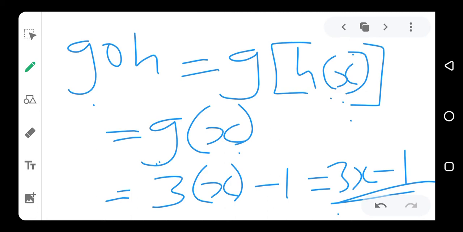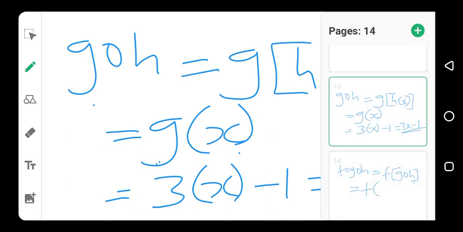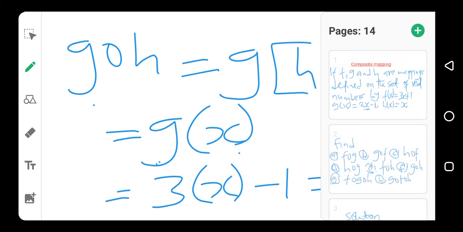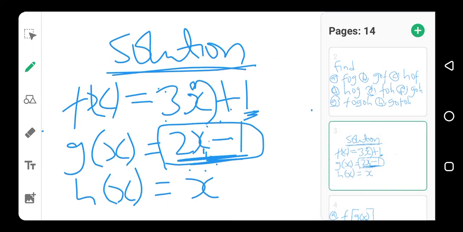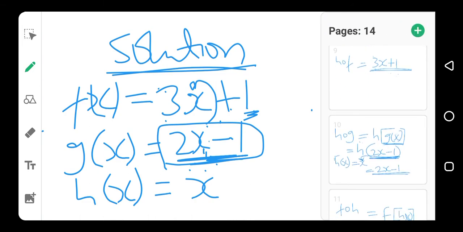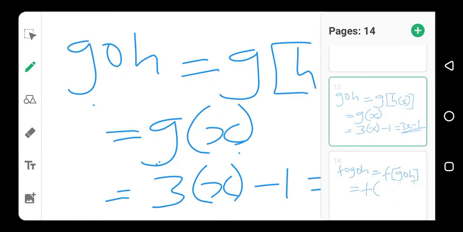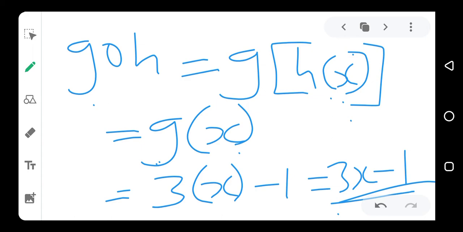G of h, g is 2x minus 1. Okay, so we do a small correction here. G is 2x minus 1. So this one is 2x minus 1.